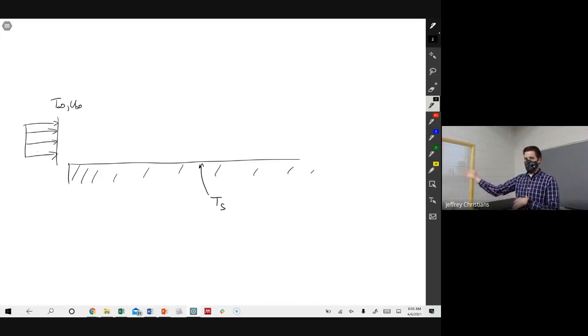It's a gas flowing over this flat plate. One of the really important things to look at then is, of course, the boundary layer growth.